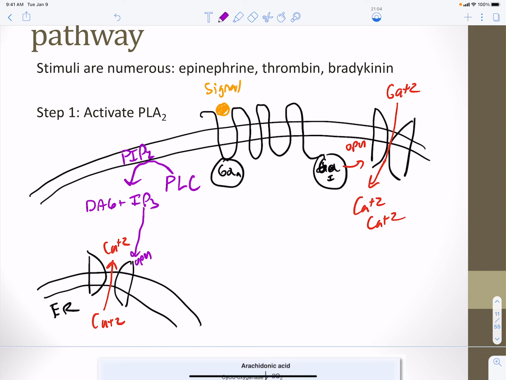And then our protein kinase C can interact with your fats in the membrane of your ER.